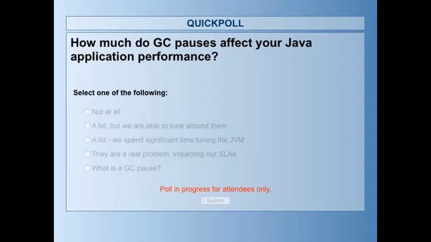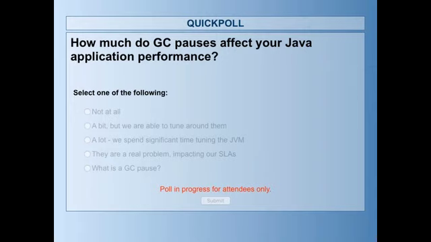So do you find that garbage collection doesn't have any impact on your application performance at all? Are you really lucky that you don't have to worry about that particular side of things? Then second option is, okay, it is a bit of a problem, but we're able to easily tune around those, so we can change the way that the garbage collector works for our application, and we're able to see that the performance comes back into what we want.